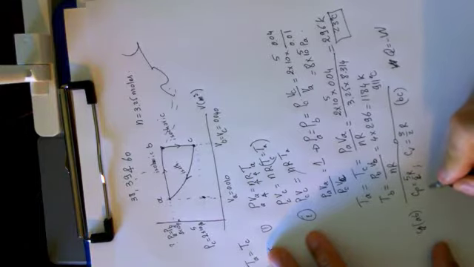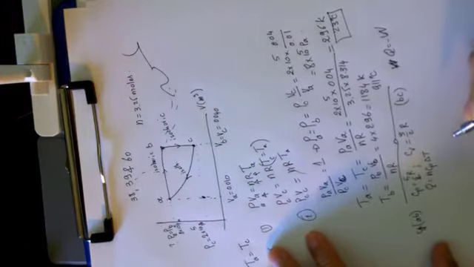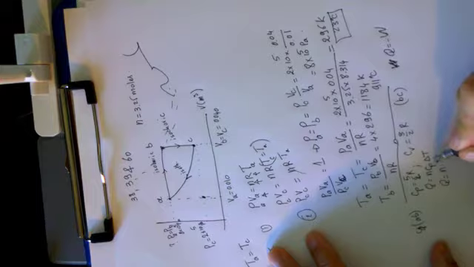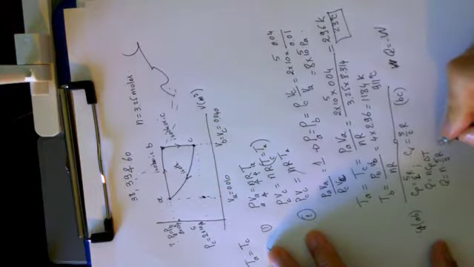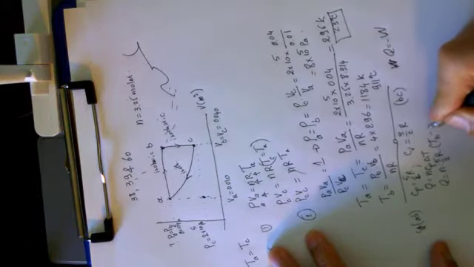Because this one is at constant pressure, Q is equal to N CP delta T. CP is N times 5/2 of R times the change in temperature, which is TB minus TA.